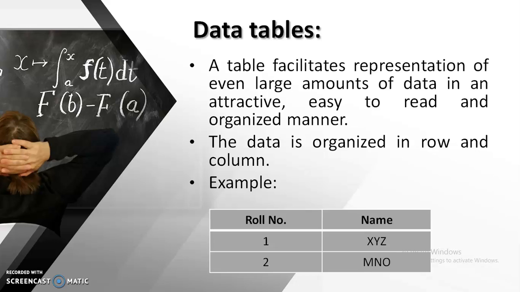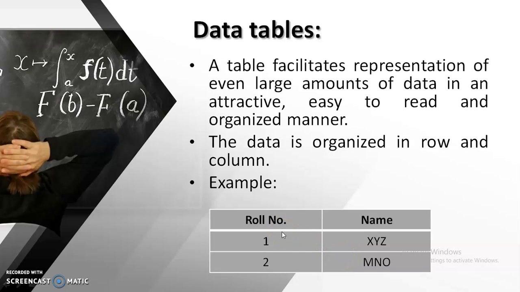A data table facilitates representation of even large amounts of data in an attractive, easy to read and organized manner. The data is organized in rows and columns. But what is a row and what is a column? See, here we have two columns, roll number and name, and 3 rows: roll number and name, 1, XYZ, 2, M and O. Got it?